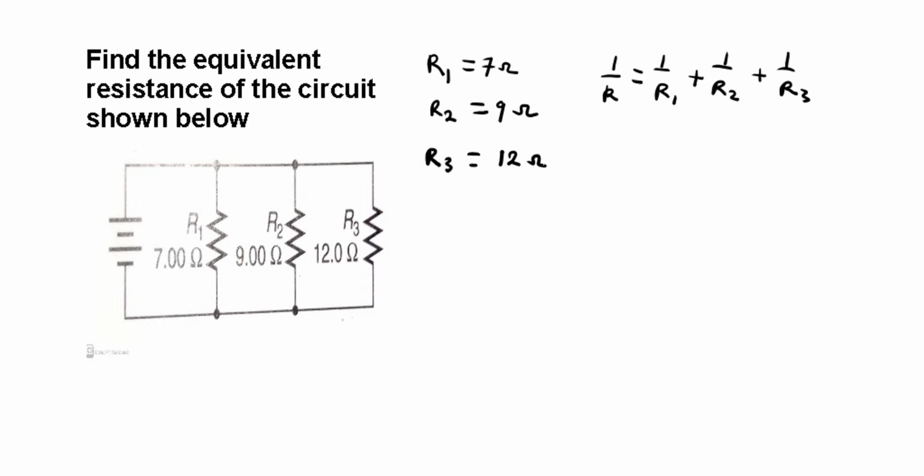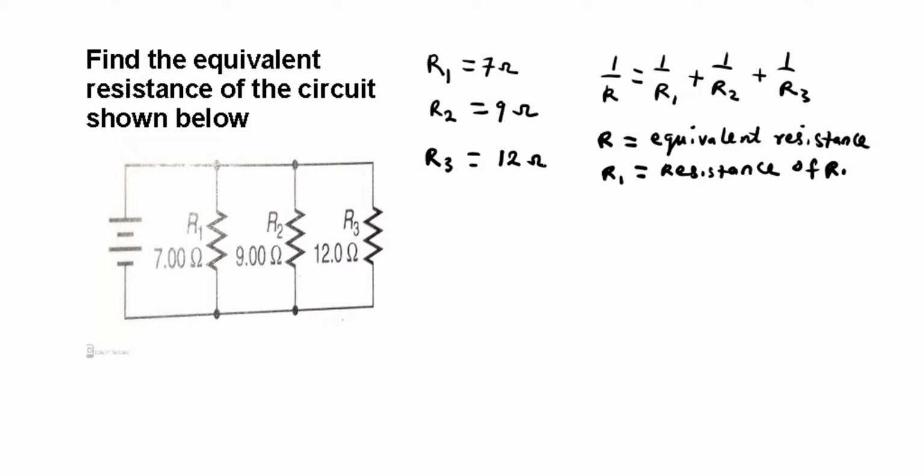Here, R is the total or the equivalent resistance, R1 is the resistance of R1, R2 is equal to the resistance of R2, and R3 is equal to the resistance of R3.